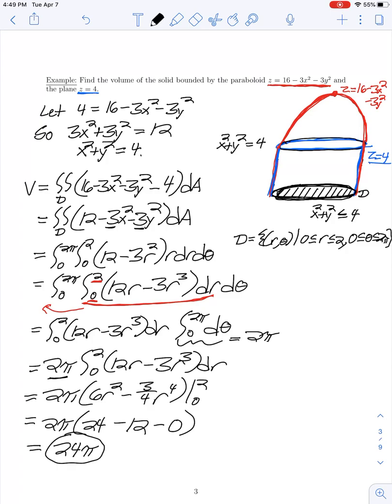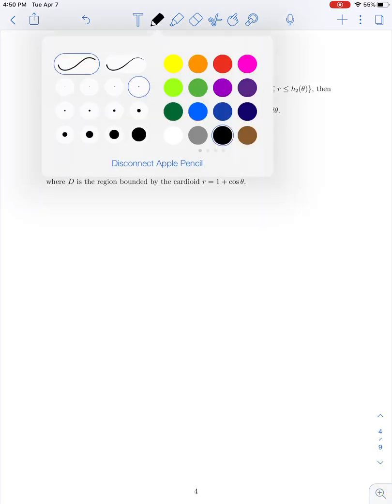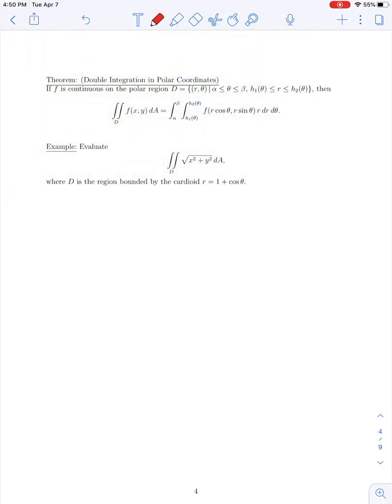All right, so let's look at a similar problem to what we've been considering, but where our region of integration may not be a polar rectangle necessarily. So we can generalize the discussion that we were having for polar rectangles to double integrals over polar regions, which may not have constant values for theta or r.